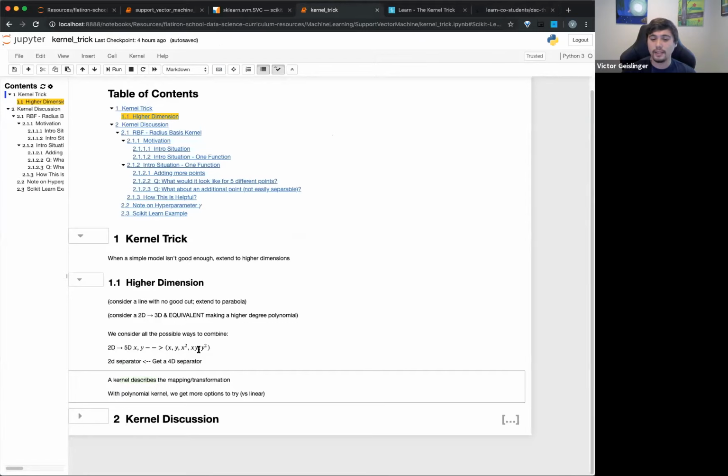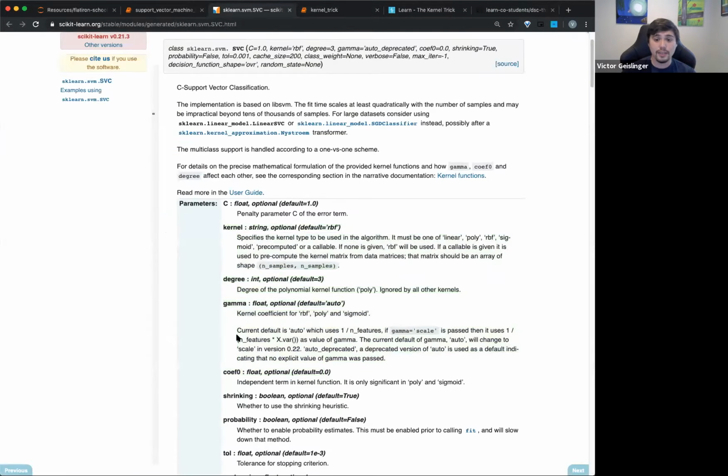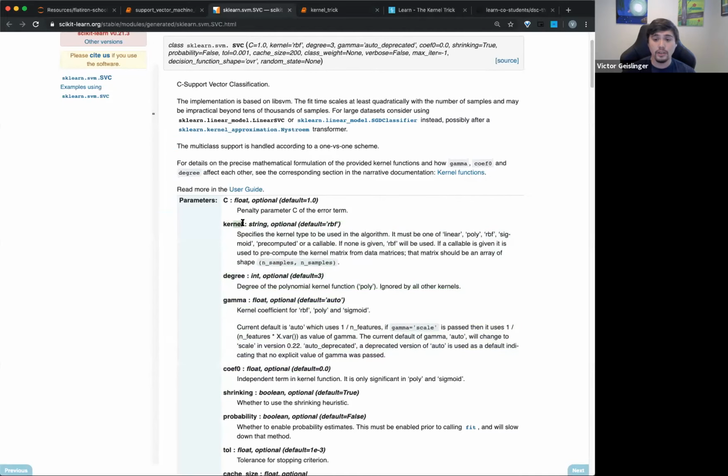And note that this right here, using X and Y, we can use a polynomial kernel. We can also do other options. This is where if you look at SVC, you'll see that if you see kernel, they have linear kernels, poly meaning polynomial kernels, RBF, which we'll talk about, and sigmoid, which the curriculum talks about. RBF tends to be one of the most powerful ones, and we'll explain that a little bit.